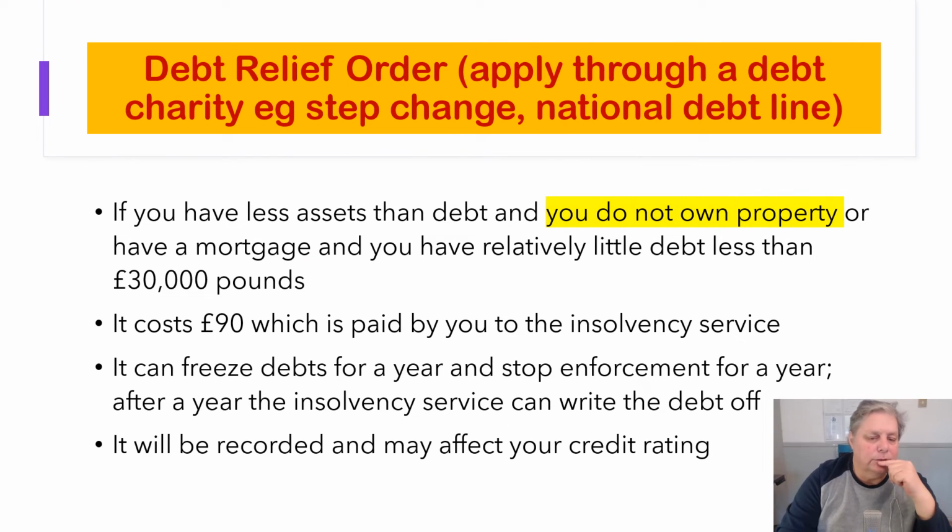Debt relief orders, they're not bankruptcy orders, and they're not suitable in some cases. But if you're a person of little assets, what some people used to refer to as a straw man or impecunious, there's lots of other expressions for it, but basically you've got more debt than you've got assets.